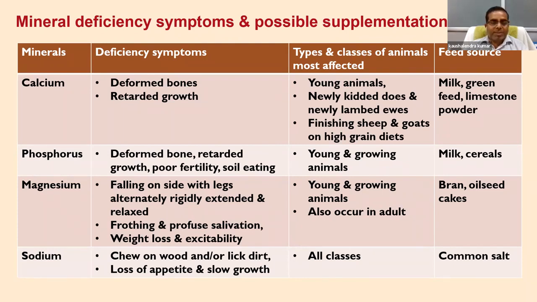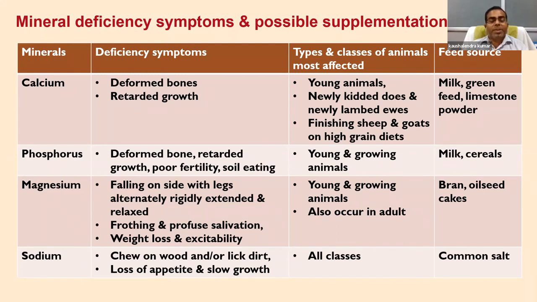What happens in magnesium deficiency? Falling on side with legs alternately rigidly extended upward and relaxed. So this is the symptom the animal shows under magnesium deficiency.